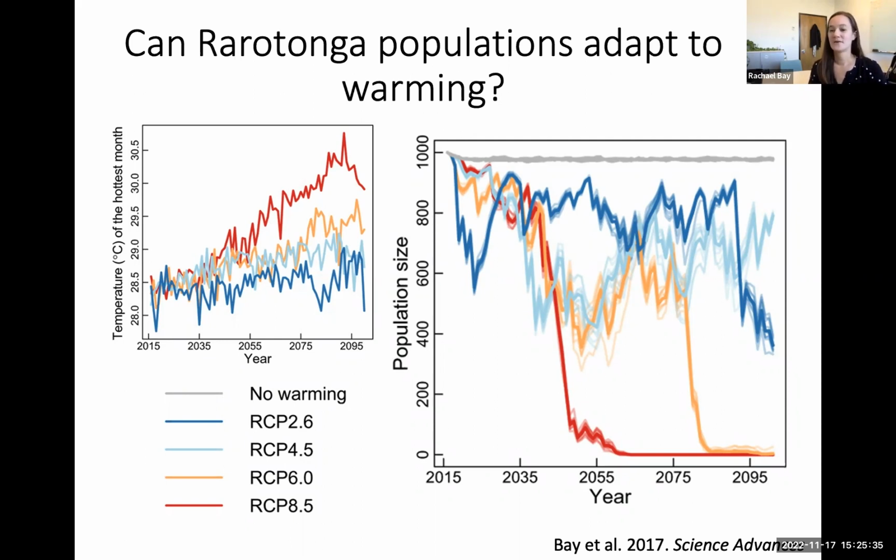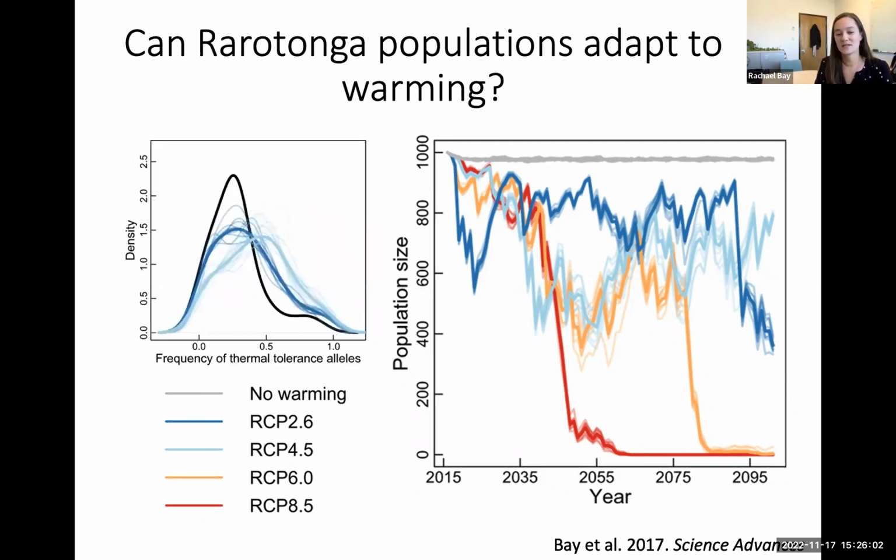There are a lot of ways that you can vary parameters here, but I think the most important bit is that the rate of warming compared to the potential rate of changes in allele frequencies can really make a difference. And even in the scenarios where we see persistence to the end of the century, we can ask ourselves, is adaptation happening or are we just not exceeding the environmental niche for the species?